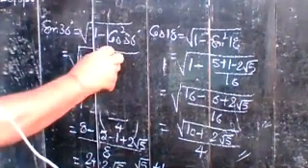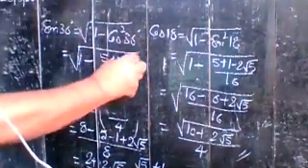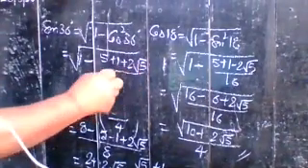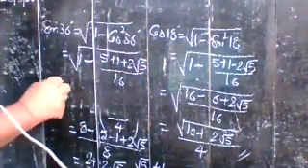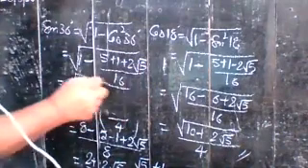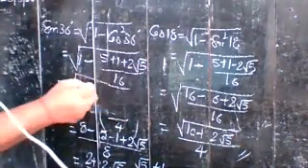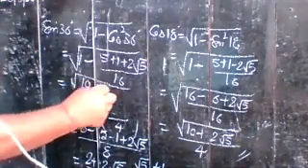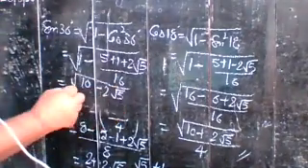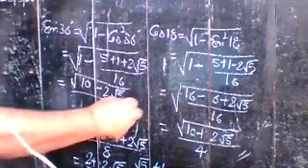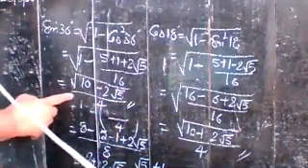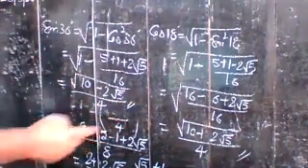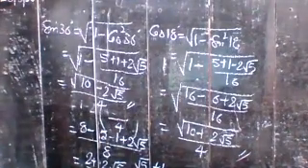So you have 5 plus 1 plus 2 root 5 whole divided by 16. Now taking LCM, you have 16 minus 6, so 10 minus 2 root 5 whole divided by 4. So that gives the value of sine 36 degree. Okay, note this one.